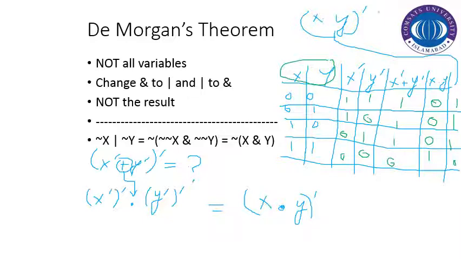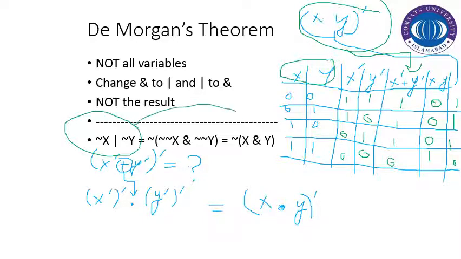Basically this thing is equal to this thing. So we have solved the system, and we have proven that the left hand side is equal to this representation.